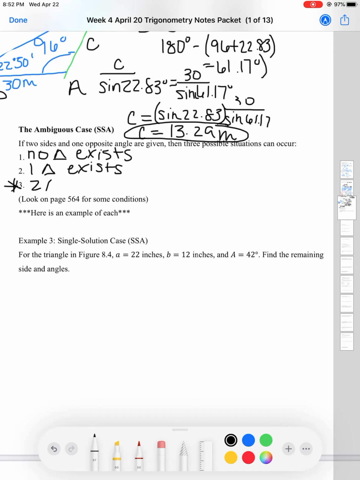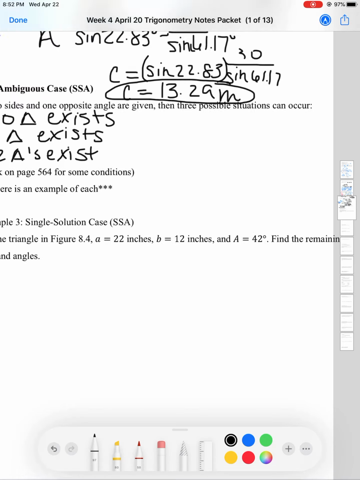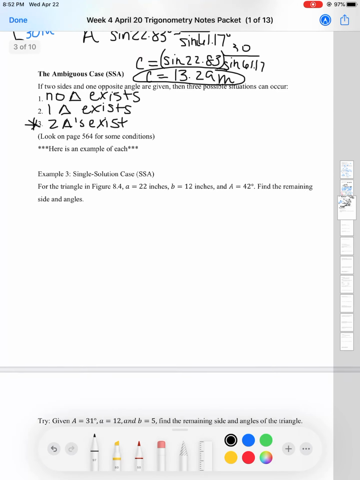And the third case, which is the hardest case, is two triangles exist. So on the third case, we're actually going to be doing not twice the work, but more work. So if you look on page 564, there are some conditions in some general terms, but I think what's easier is if we just look at an example of each.